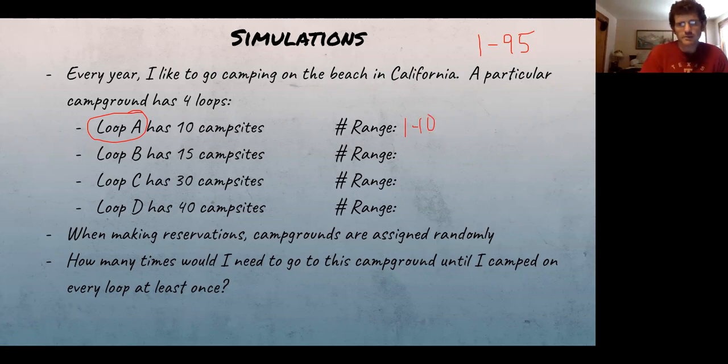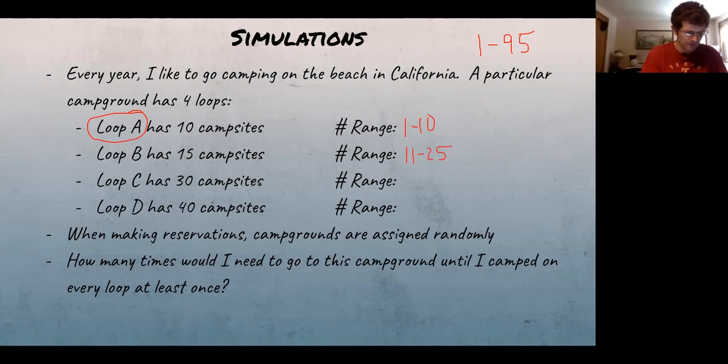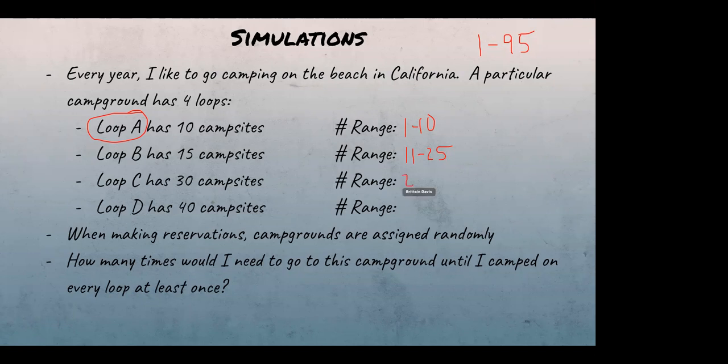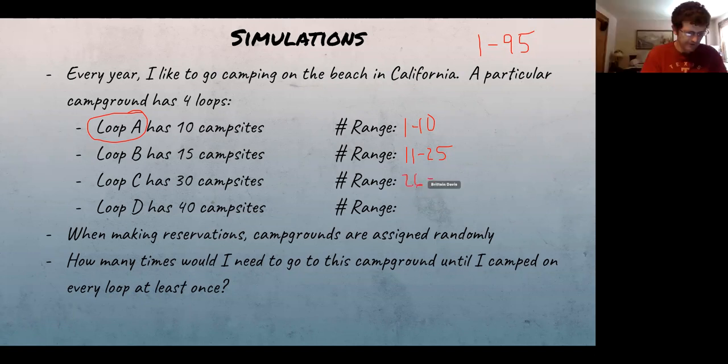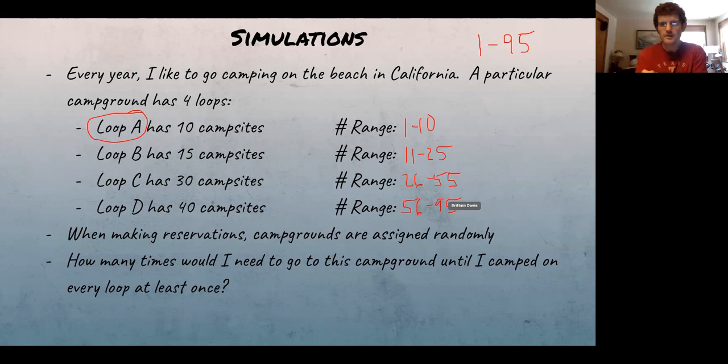What range would we pick for loop B? 11 to 25. Okay. Next one. 26 to 55. And that means, of course, we have to go. I'll just fill that one in. Probably everyone can see where that's going.